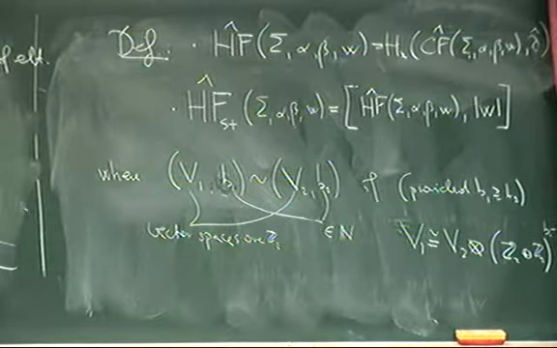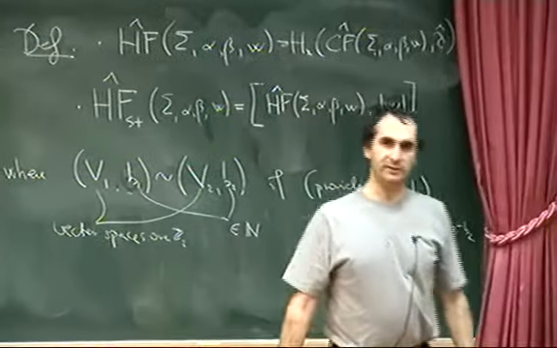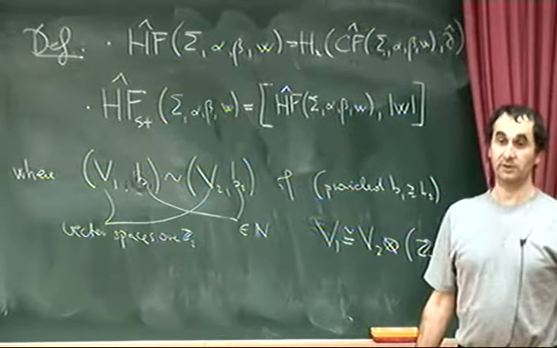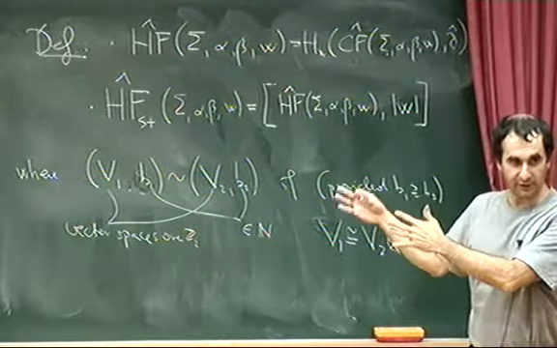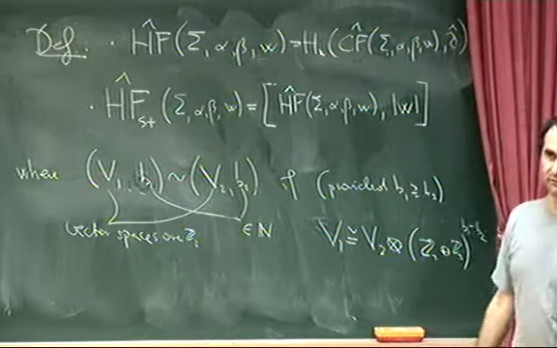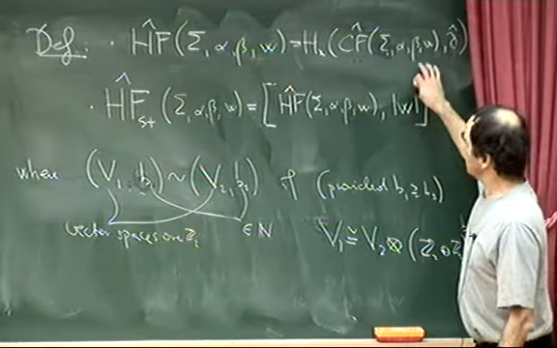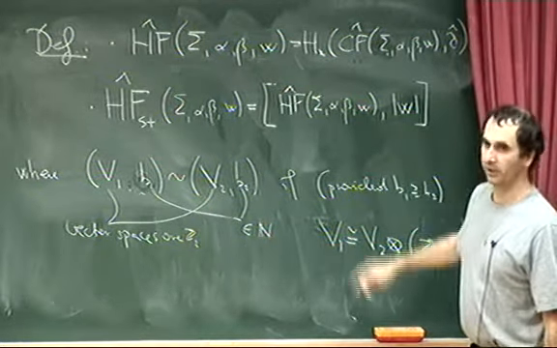Okay, so unfortunately, this vector space as it is somehow is not an invariant of the three-manifold. It's a well-defined invariant of the Heegaard diagram, but this is not what we like. We would like to have an invariant of the three-manifold. And somehow we have to incorporate into the definition the number of base points. This is one way of doing that.